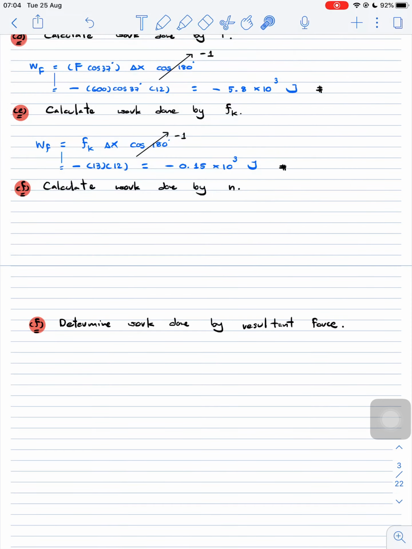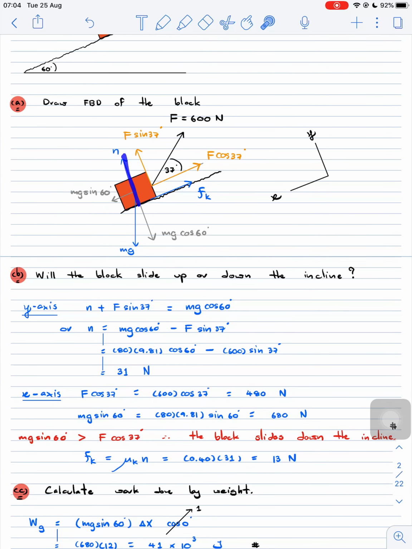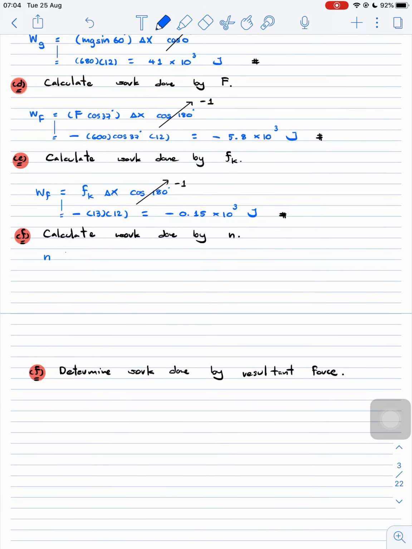Okay, so this is easy because you can see that the normal force, right, is just perpendicular to the displacement. So it means that the angle between the normal force and the displacement equals 90 degrees, right? So the angle is just 90 degrees.